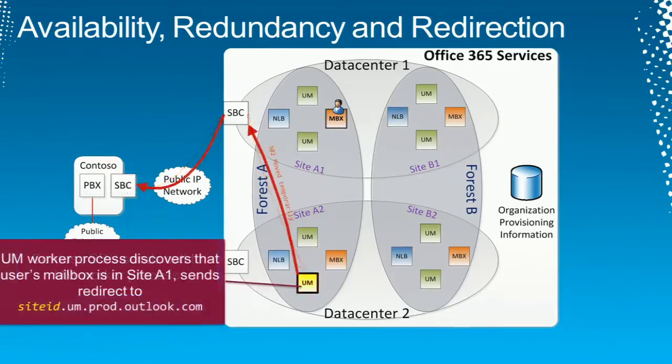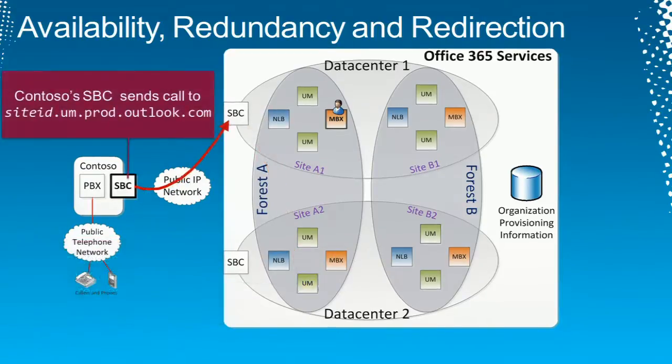The worker process discovers that the user's mailbox is actually in the other site. So it then redirects back to the SBC and says, don't talk here, talk to some site id.um.prod.outlook.com.